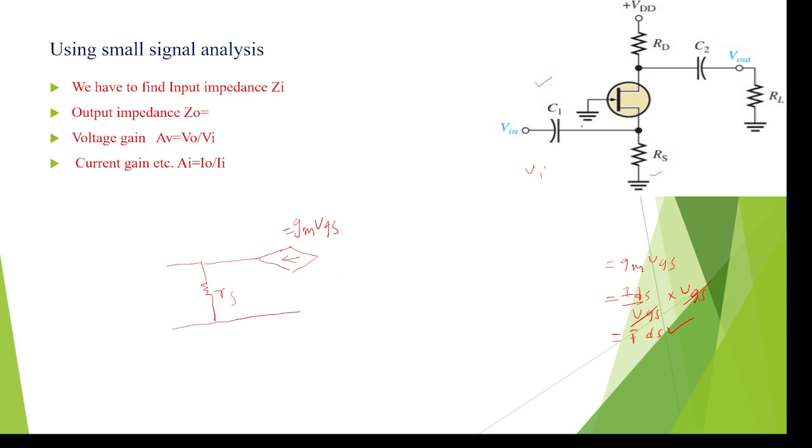Coming to the output side, RD and RL are there. You can observe in the circuit on the right side that RD and RL are in parallel, not in series.